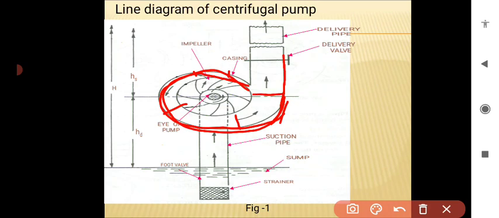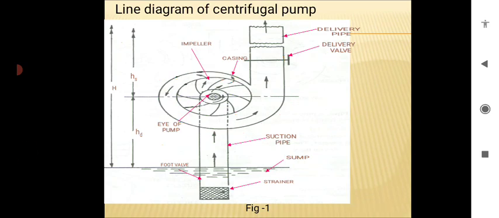This casing area gradually increases towards discharge side. This causes a decrease in kinetic energy and hence an increase in pressure energy of the liquid. And now coming to the suction pipe. This is the suction pipe.